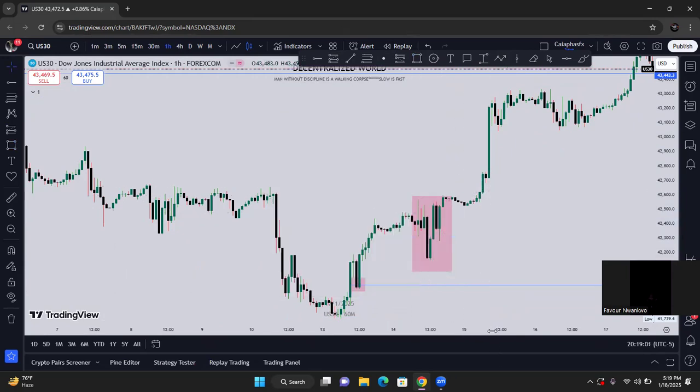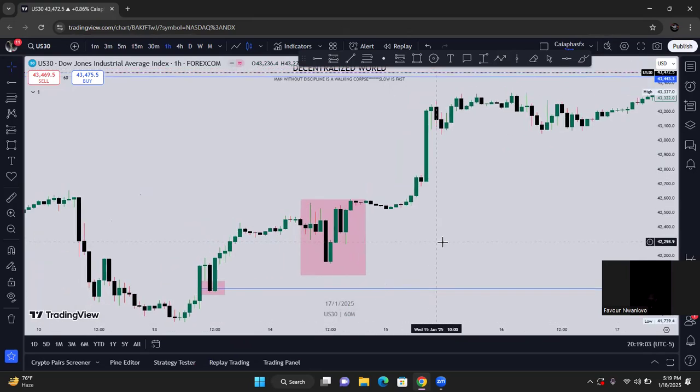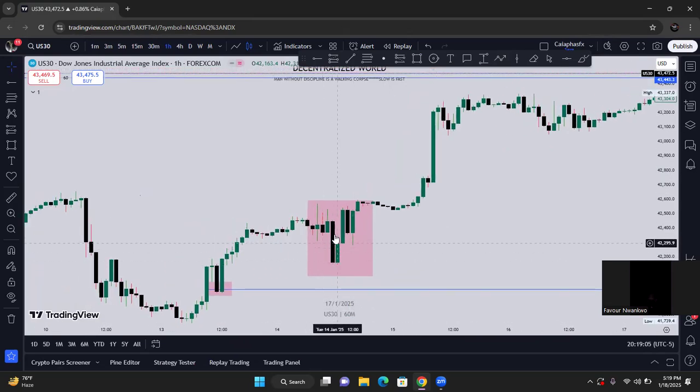When I came this particular day, I saw a big displacement to the downside. I thought the market wants to do a little displacement before going up. At times the market doesn't tend to move in your direction ASAP. Since I saw this, I came and saw another thing again, this fair value gap here.